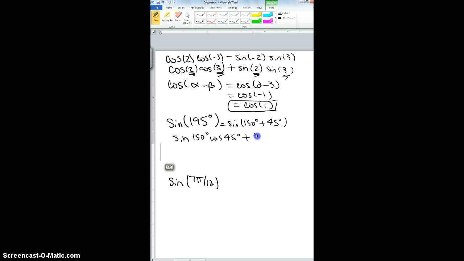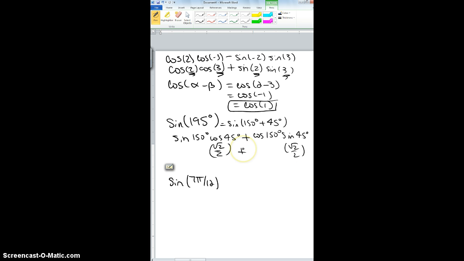Then I get cosine of alpha with sine of beta. You notice you have sine of one with the other, and then vice versa over here. The ratio that goes with this is what? Square root of 2 over 2 and square root of 2 over 2.